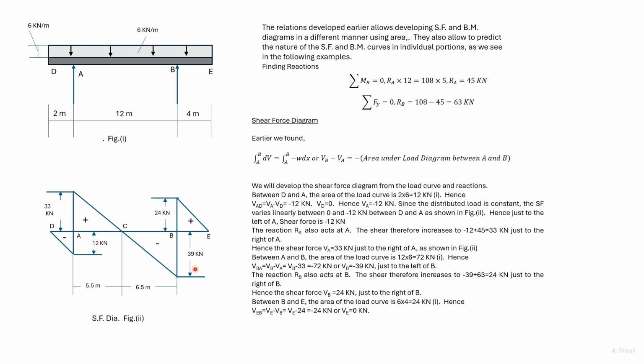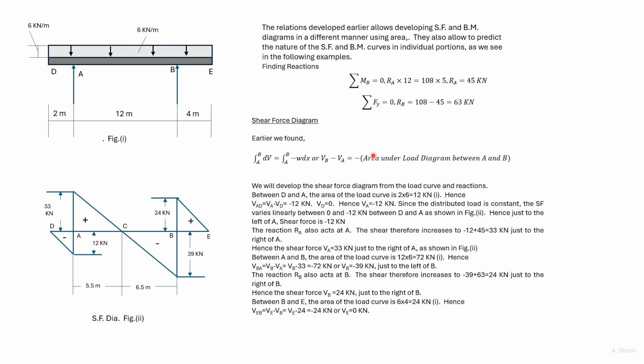Now at B, force of 63 kilonewton acts. So just to the left of B, the shear force is minus 39, and to the right of B, the shear force is 24 kilonewton, which we have plotted here. Between B and E, the area of the load diagram is 6 into 4, that is 24 kilonewton.